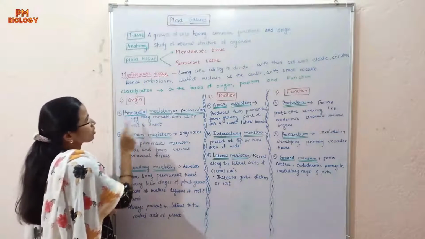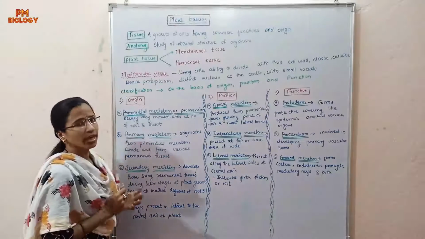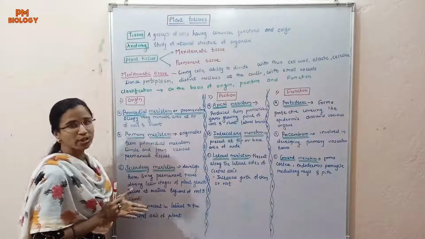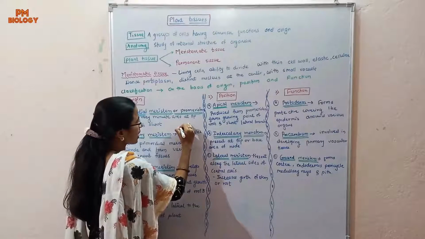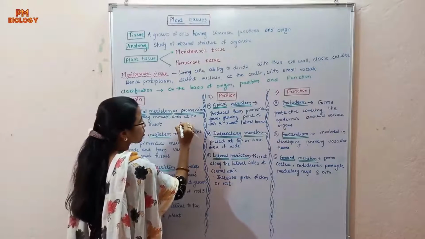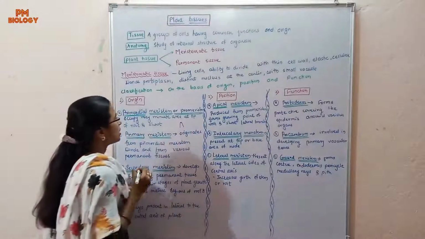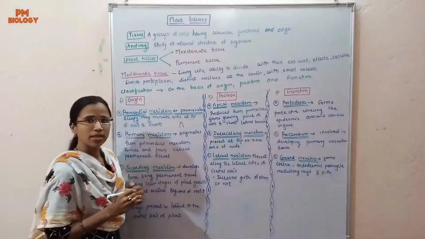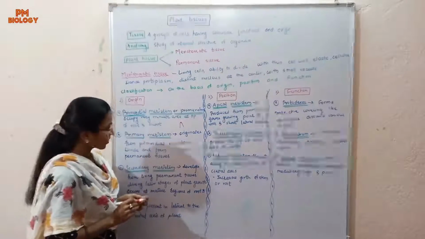Now, the primordial meristem or promeristem, they are occupying very minute area at the tip of the root and shoot. Means if we take the root of any plant or the shoot of any plant, at the tip of that root or shoot, the area which is occupied is made up of primordial meristem or promeristem.